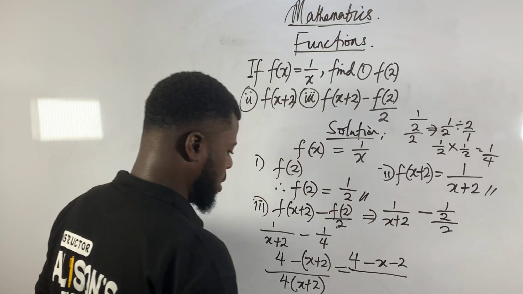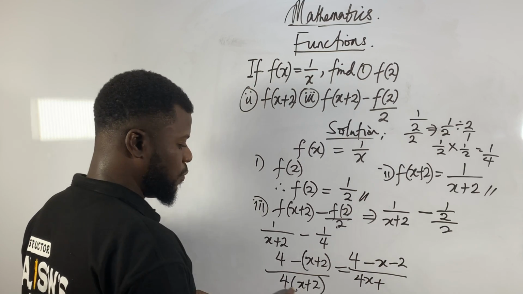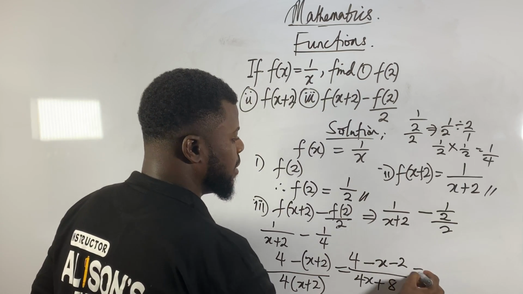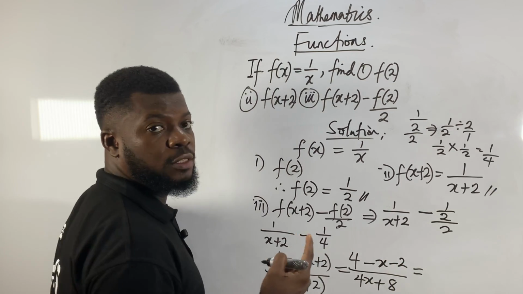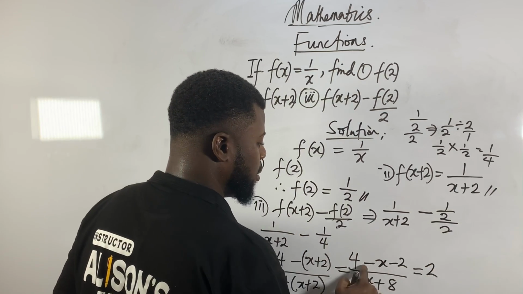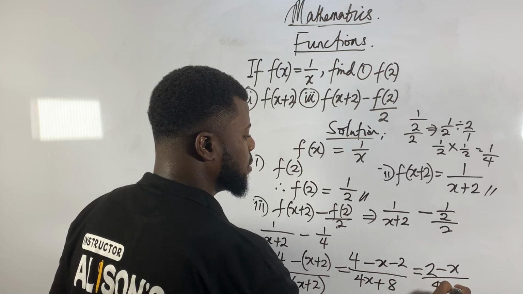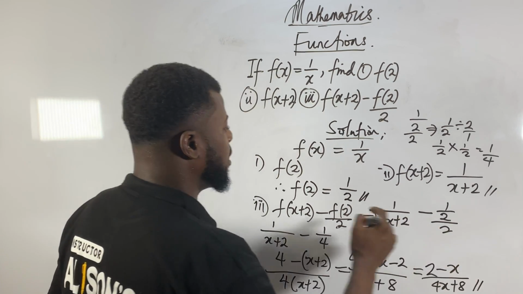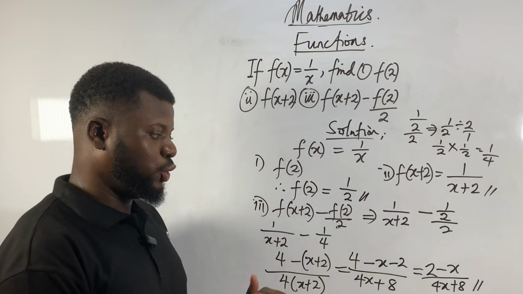Over 4 times x, 4x, plus 4 times 2, 8. Finally, 4 minus 2 will give me 2, so 2 minus x, over 4x plus 8. That is the final answer.